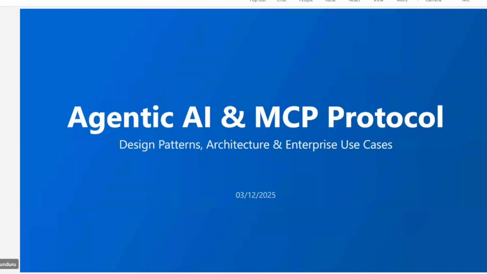So coming to the next part of the session today, Agentic AI and MCP protocol. We just discussed RAG, which is bypassing one limitation of LLM. There is one more. We can't say it is a limitation, but we are extending.